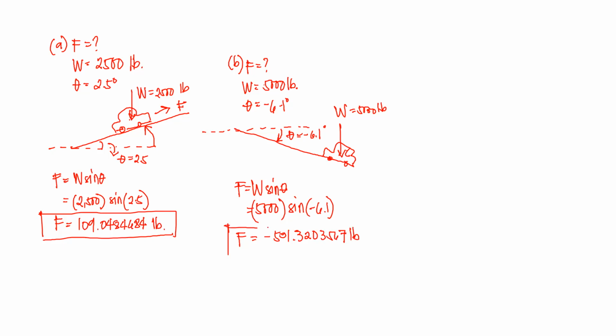And if you can observe, ganong F is negative man. That's because your truck is going downhill.